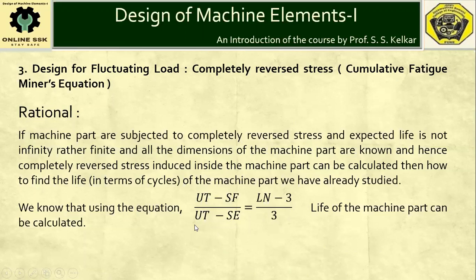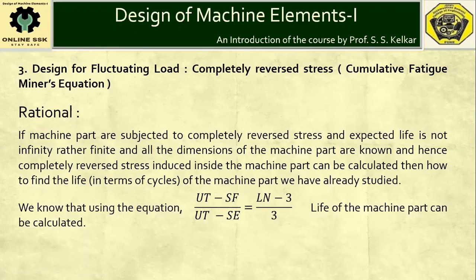In such cases, we will be in a position to calculate Sut, Sc and N, and only Sf will be unknown to us. Knowing this, using this equation, we can find the value of Sf, and once we know the value of Sf, using that value as the safe fatigue stress inside the machine part, one can design the machine part and decide its dimensions.